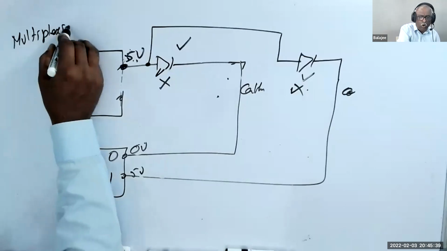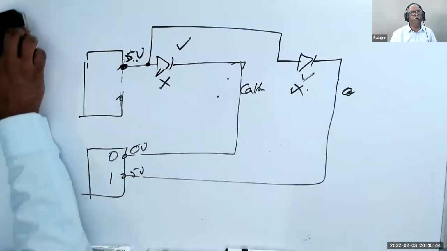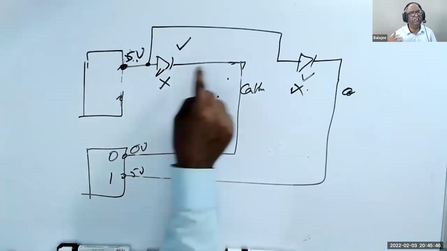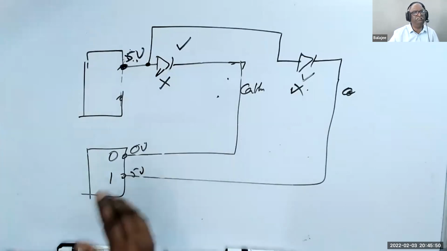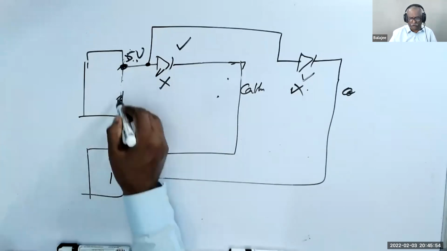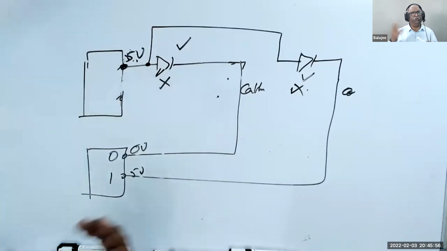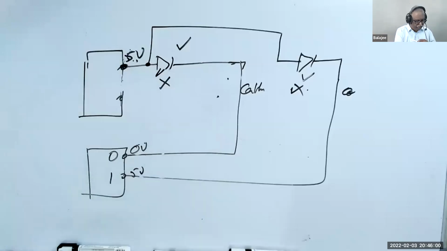I'm using only one output, but controlling 2 cathodes. Now you may think that I'm wasting 2 more pins. But when I have 8 segments, it becomes very easy. Then it becomes 8 plus 2, only 10. Otherwise you have to use 8 plus 8, 16 pins if you use 2 segments.